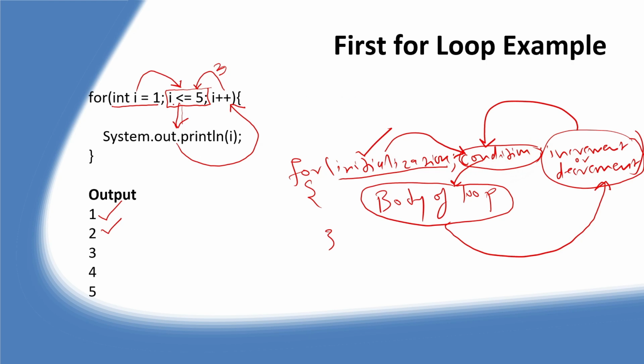So, condition check, 3 is less than or equal to 5. Yes, it is correct. So, it will execute the body. And what is inside the body of a loop? Print statement of the current value of I. So, it will print 3.